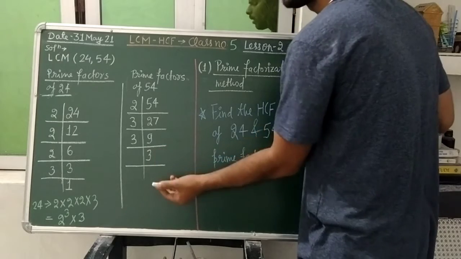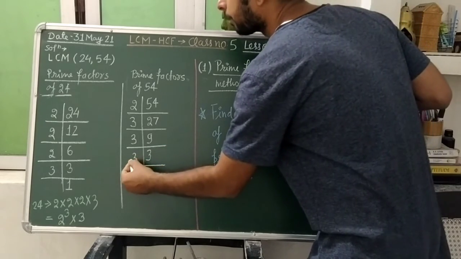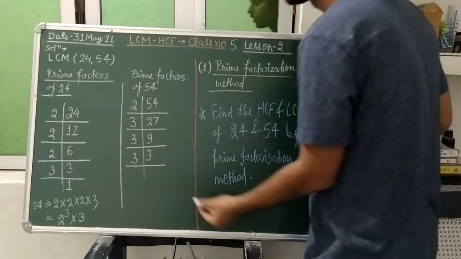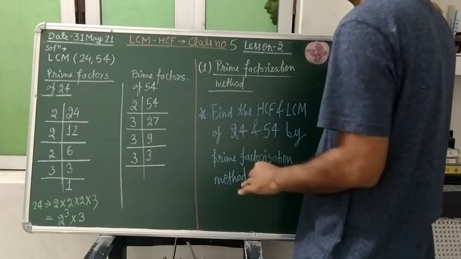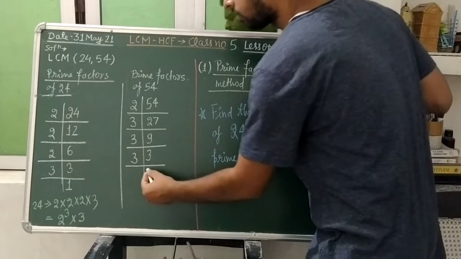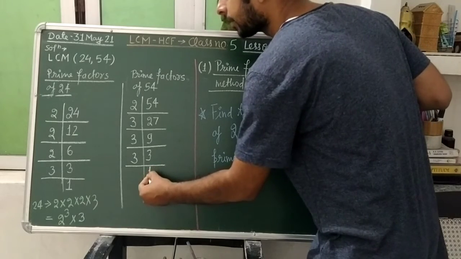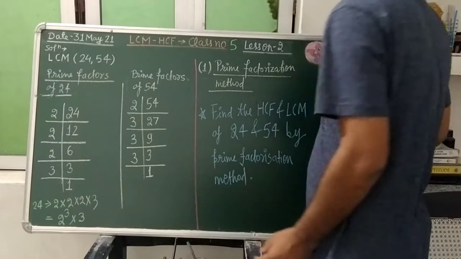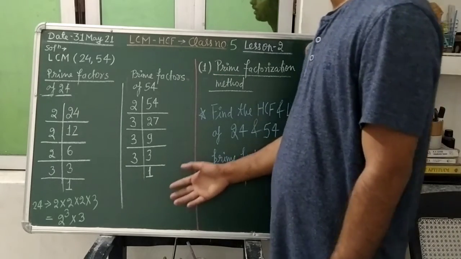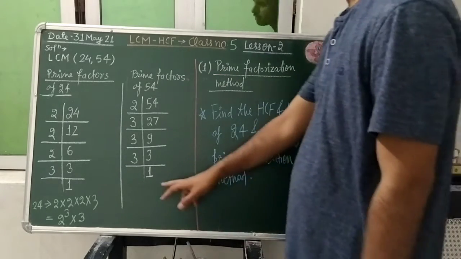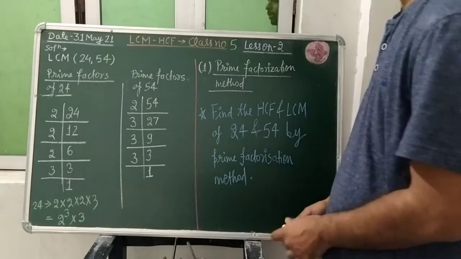So 3 you are getting is a prime number, so for a prime number we shall select the same number. So the same number 3 we will select here. Of course 3 ones are 3, so the quotient will be 1 and the remainder will be equal to 0. So we are getting the quotient equal to 1. So this task we will perform until we get 1 as our quotient.